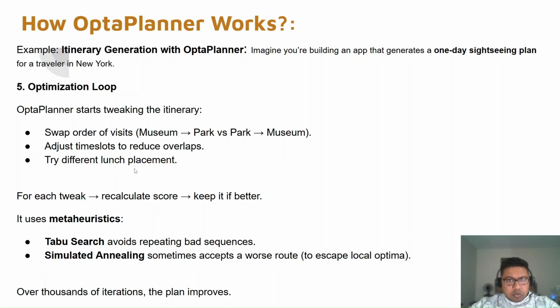All these things it will do, and it will keep recalculating the score. If the score is getting better, it will keep that and recalculate on top of that. And if next time the score comes out even better, it will keep that and recalculate again. If not, it will keep the best score it could achieve.